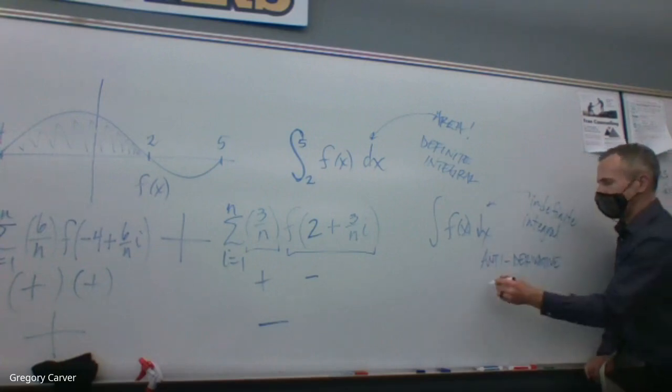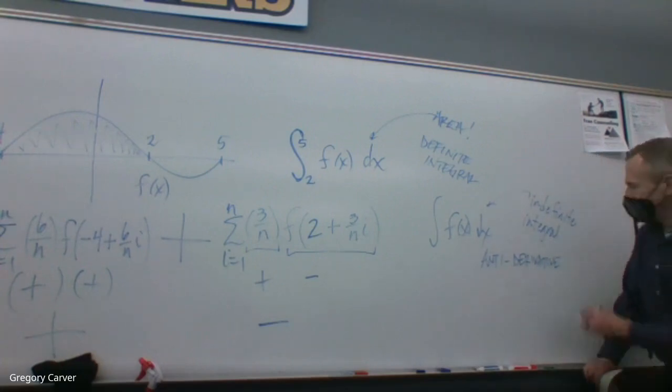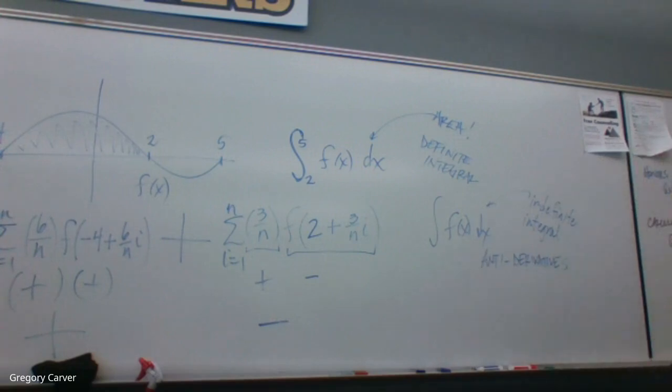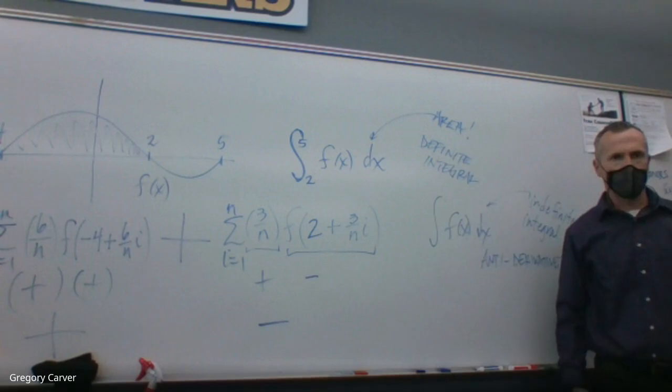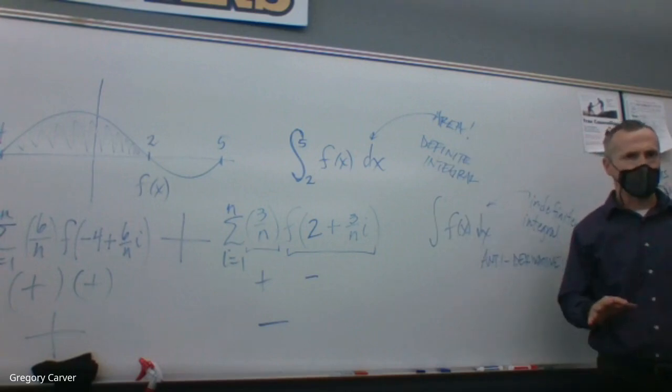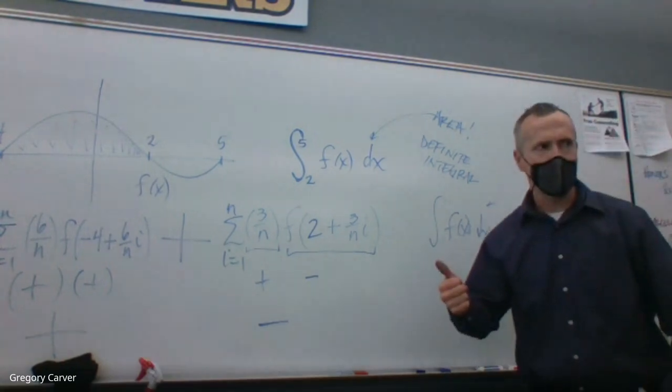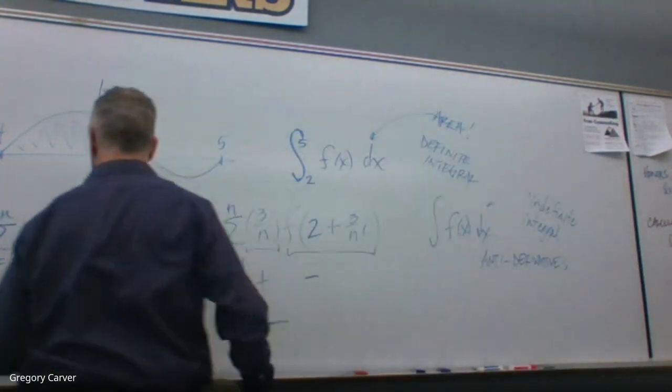I should say it's like a family of functions. If I think about the plus c, there's an infinite number of antiderivatives, shifted up or down. No numbers, it's just an antiderivative. Numbers, it's area. That's the important part here. How are we doing, people? We okay? Any questions so far?